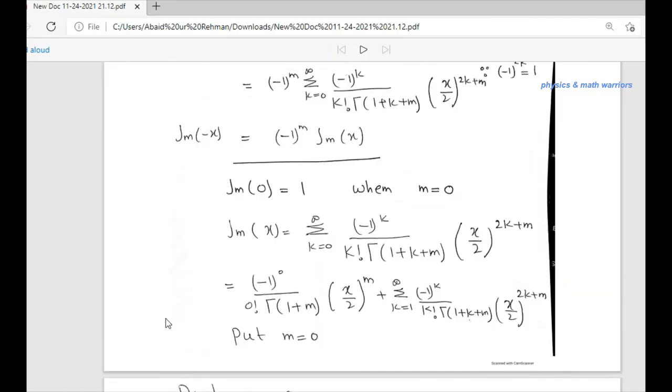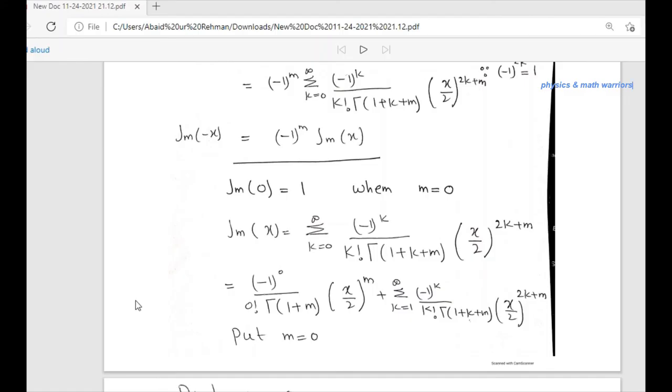Now we will prove the next property. J m of 0 is equal to 1 when m is equal to 0. Again we will use the definition of the Bessel function, which is J m of x is equal to the summation k equal to 0 to infinity of minus 1 raised to power k over k factorial gamma of 1 plus k plus m, times x over 2 raised to power 2k plus m.